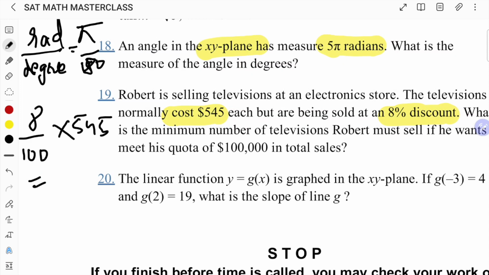The discount is $43.6. This is just the discount, okay? Let me write it down. This is the discount. Alright.